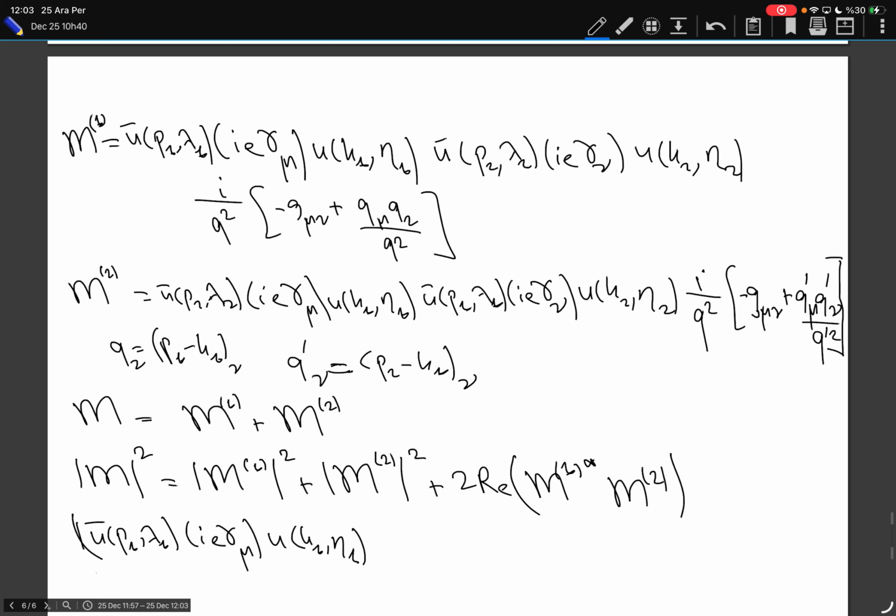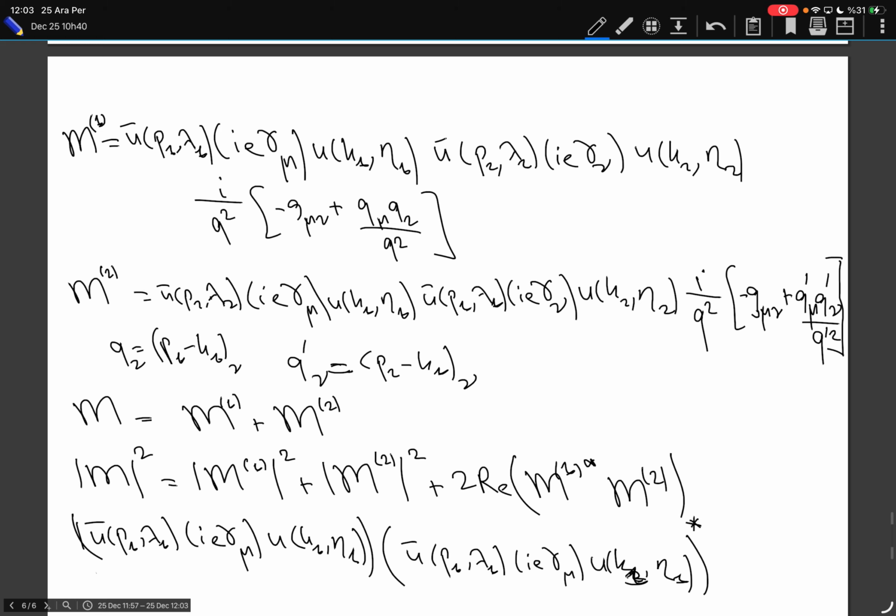This multiplied by the same thing, complex conjugate, because it's just a number.